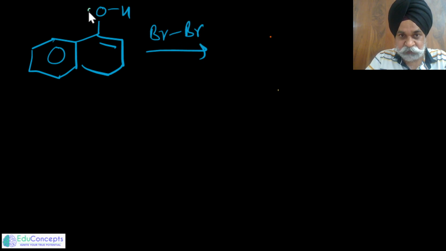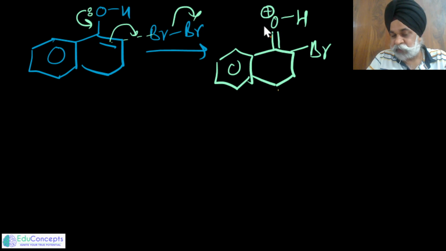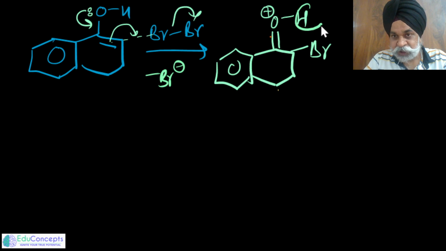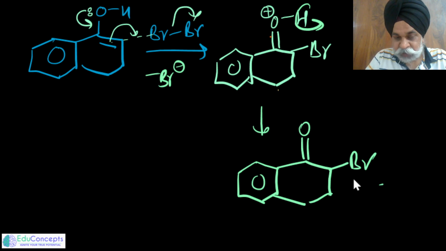The lone pair goes here, this attacks here, and this goes out. As a consequence, you would get a product which I was referring to as the alpha halogenated product. And lastly, the Br negative went out along with this H positive. So the first entity you would get here is the alpha brominated compound. So this is what you would achieve in the first step.